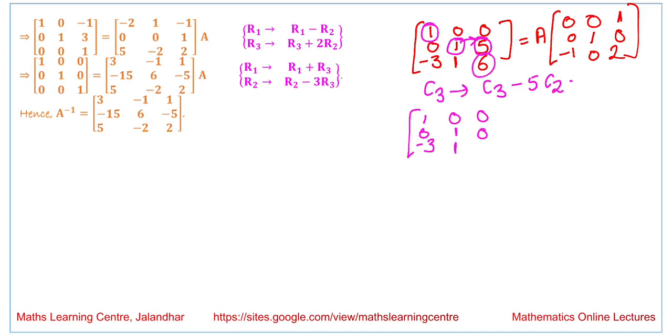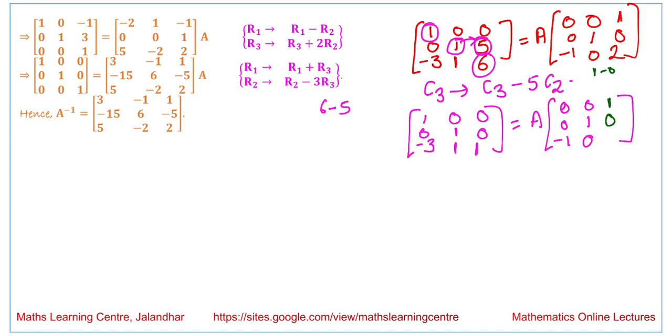When we apply this operation, we get C3 is 6 minus 5, the answer we obtain is 1, that is equal to A into 0 0 0, 1 minus 1 0. In the last column we obtain 1 minus 0, it is 1, next it is 0, and in this column the second term will be equal to minus 5, and the third term will be equal to 2.